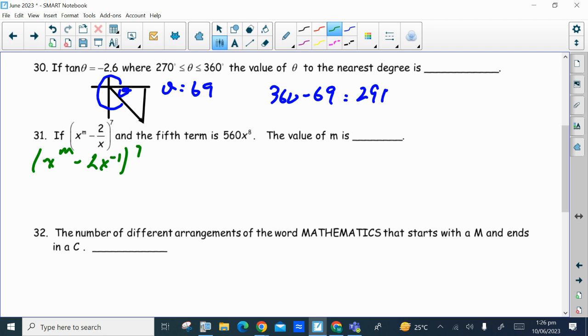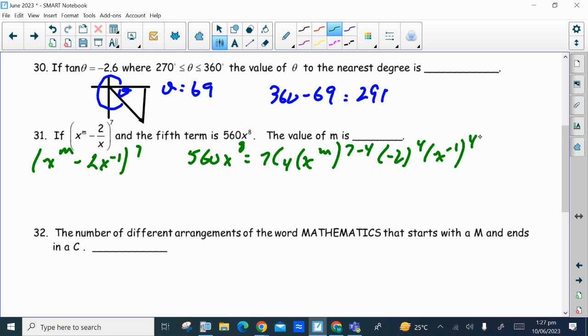Also remember that the value of k is 1 less than the term number. So in this case here, k will be 4. So 560x to the 8th will equal 7c4, x to the m to the power 7 minus 4. We're going to have negative 2 to the power 4, as well as x to the negative 1 to the power 4.